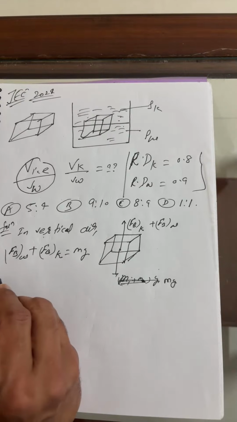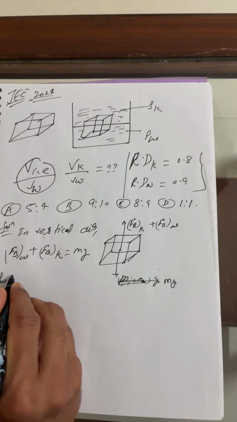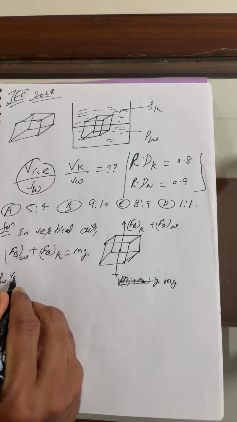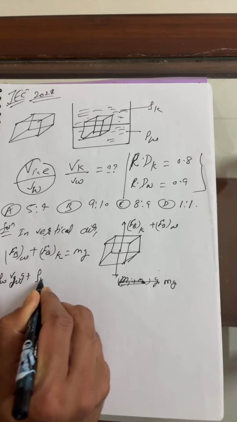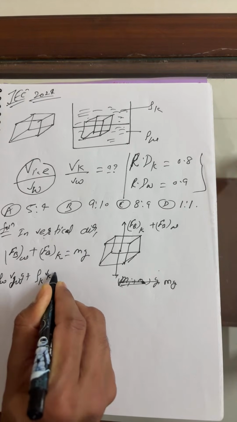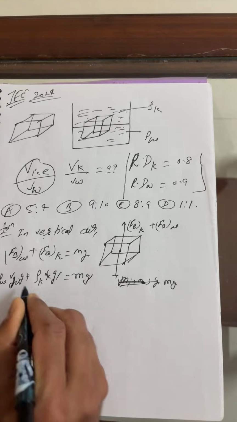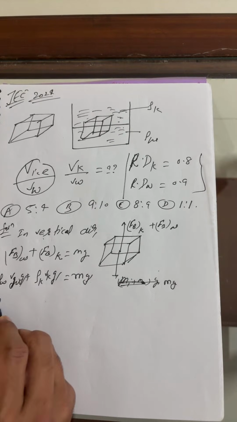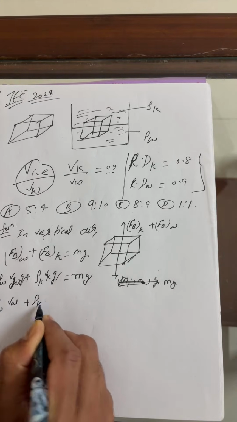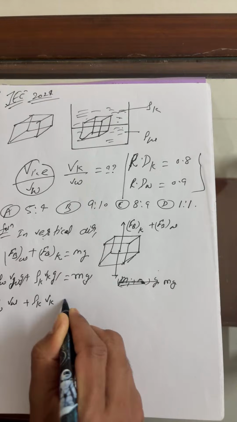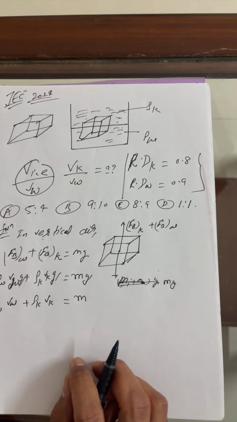So this is the density of water into the volume of water into g, plus the density of kerosene oil, volume of kerosene oil into g, equals mg. g and g cancel. Density of water times volume of water plus density of kerosene times volume of kerosene equals m.